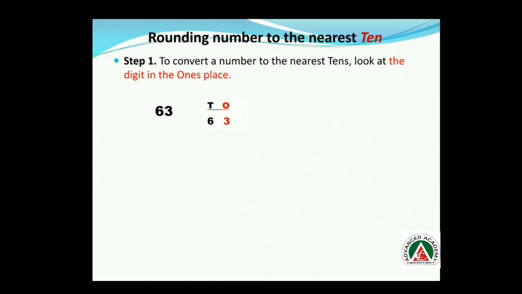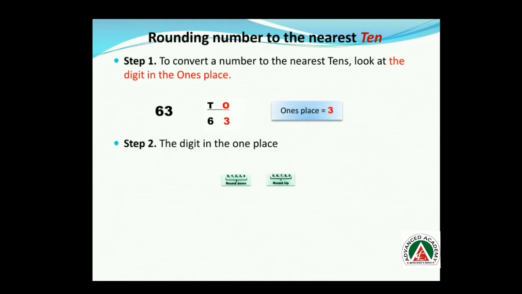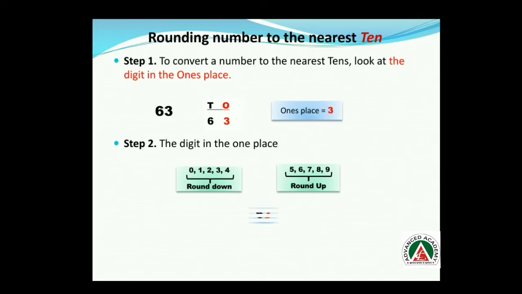In the ones place, which number is there? 3 is there. Now step 2, we have to find out whether this 3 is in round down or round up. Obviously, you know this 3 comes in round down. So this 63 rounded to the nearest 10, round down is 60 and round up is 70. So obviously 60 will come. Your answer will be 60.